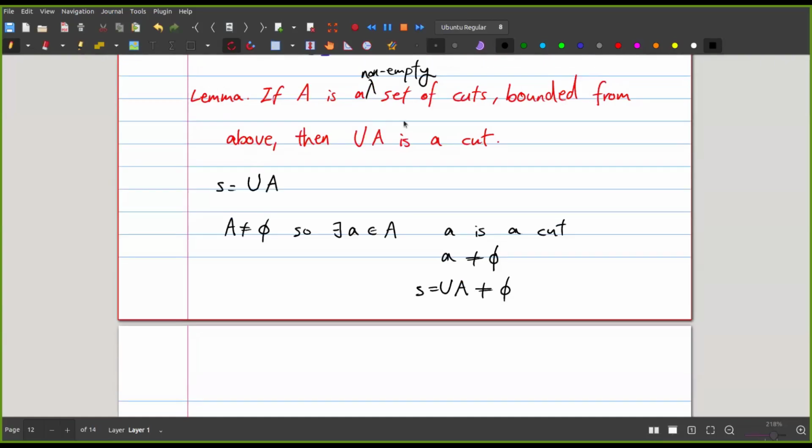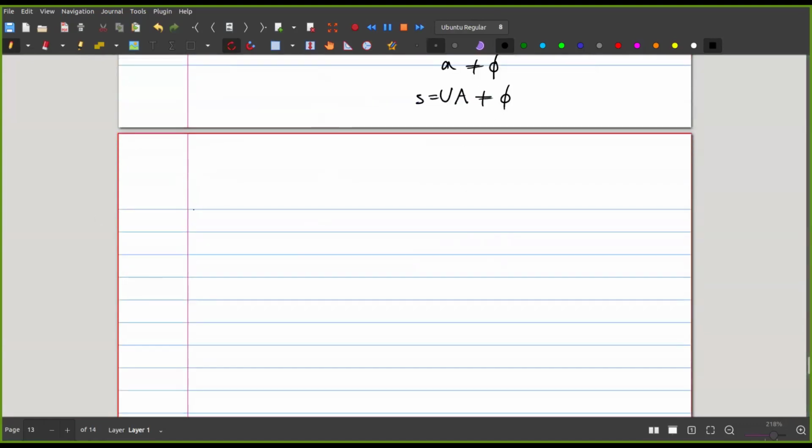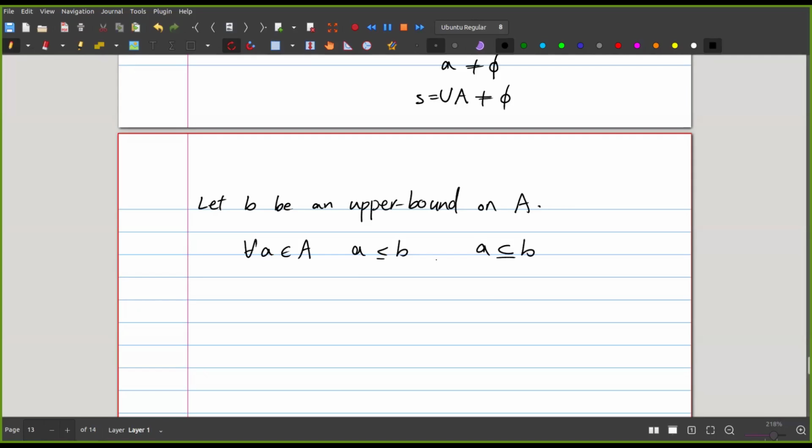Okay. So what do I know here? I know that this is bounded from above. So I would say as real numbers, let B be an upper bound on A. What does this mean? This means that every a in A is less than or equal to B, which we said is the same as saying that a is a subset of B, because these are real numbers that are cuts.